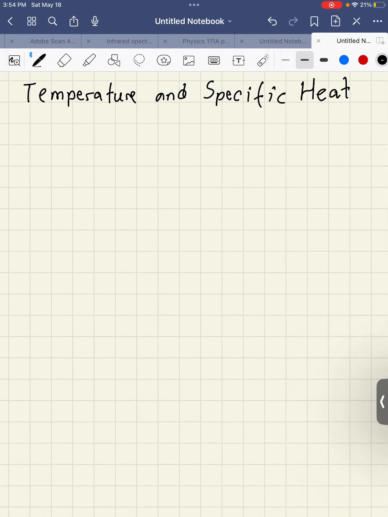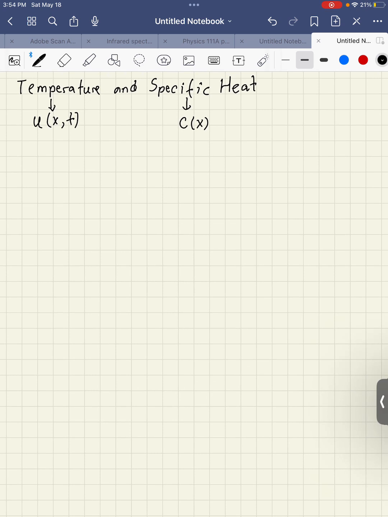The temperatures in this time, since we have a letter T for time, to avoid confusion, we're going to symbolize our temperature as U of x,t, and our specific heat as C of x. The specific heat doesn't change over time because it's a property of the material. So the question is, how does it not depend on time, but does depend on x, which I will answer soon.